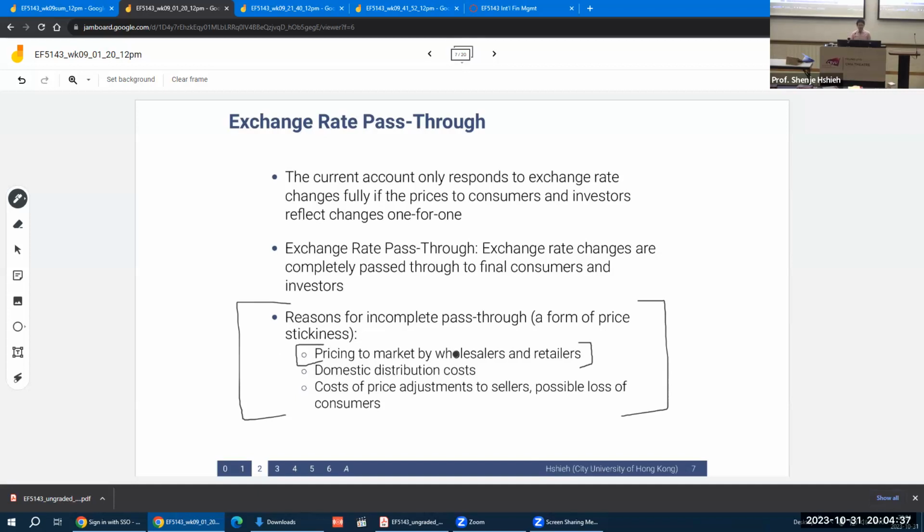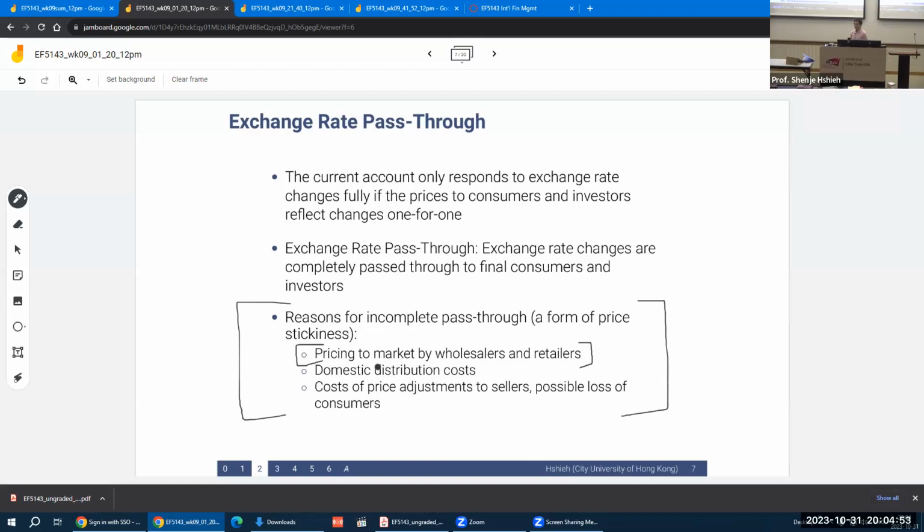So I'm going to give you some explanations, but these don't fully explain what happened during the COVID-19 pandemic.